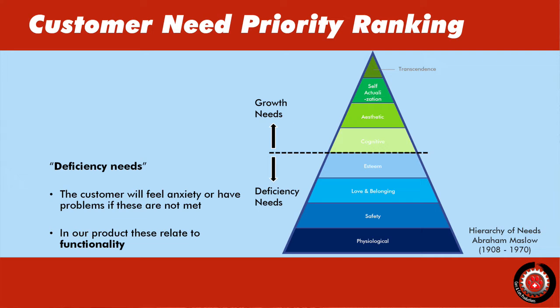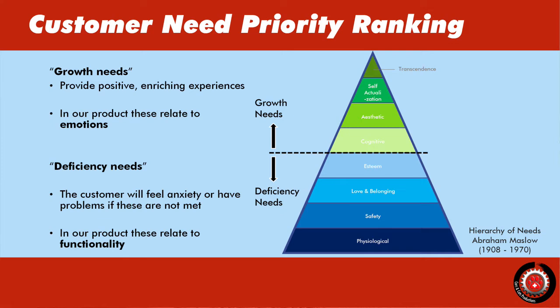If you don't meet these needs, the customer will have anxiety or they will have a functional problem, a real world problem. And at the top are what Maslow called growth needs, and these provide positive, enriching experiences. And in our product world, that relates to emotions.